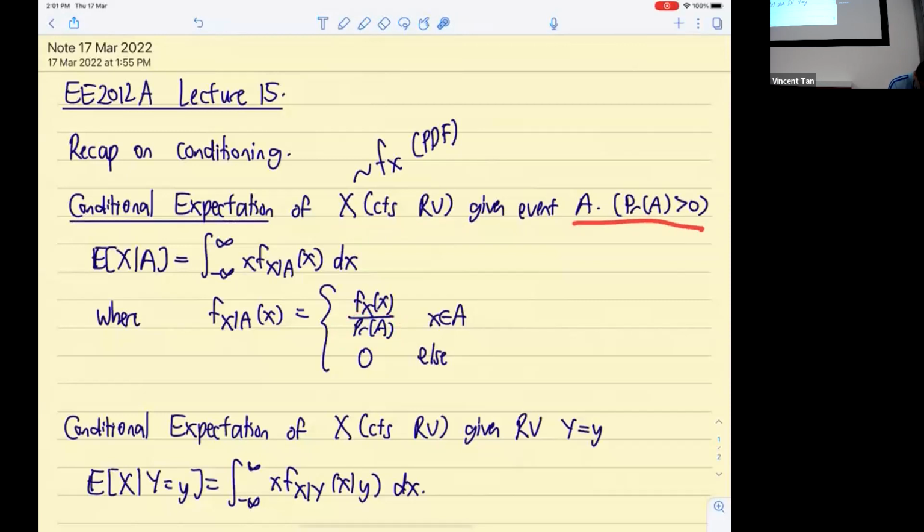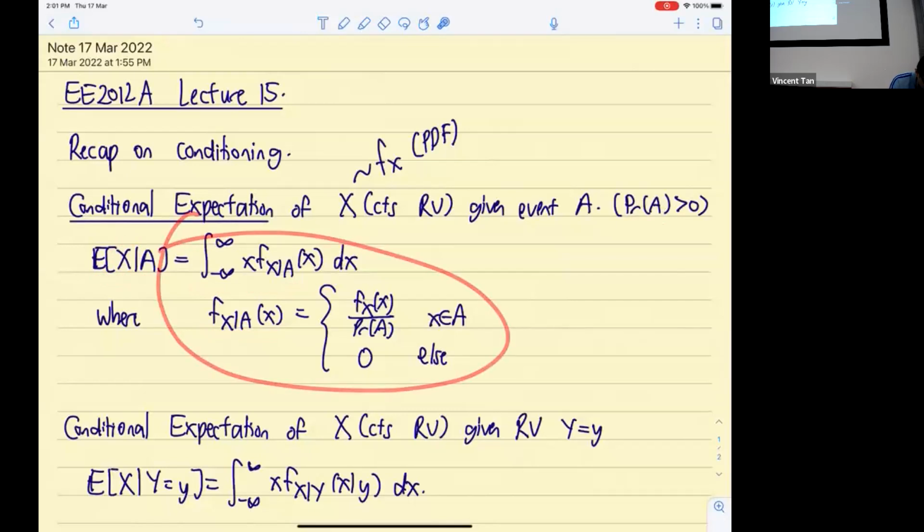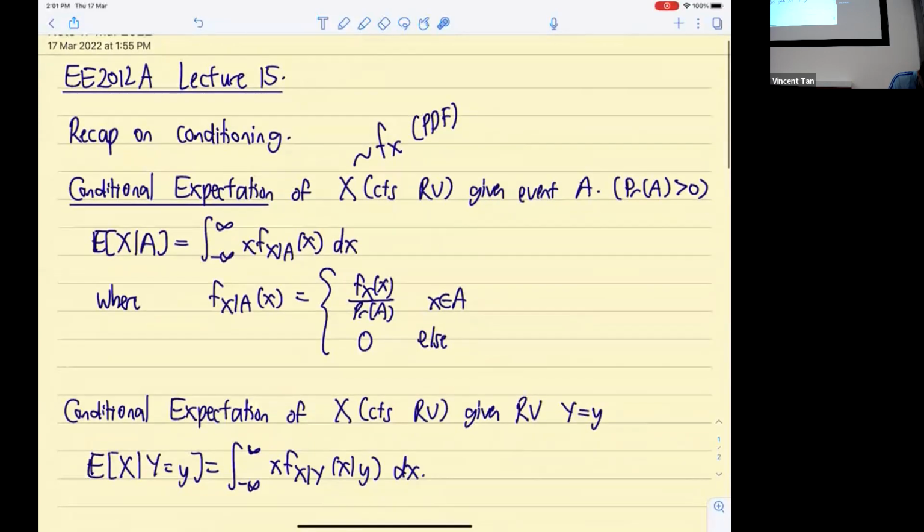But if the probability of A is bigger than 0, then we can define the conditional expectation of a random variable x given an event A in the following standard way, where this is the conditional PDF of x given A. Actually, just now during tutorial, we have done some examples on this, right? So I think people should be familiar.